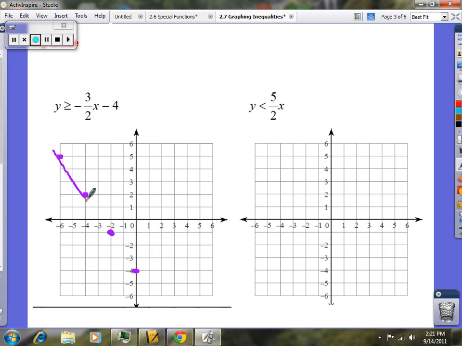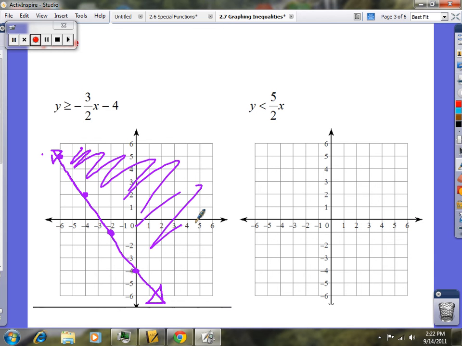Try your line, because it's included, right? Yep. And then since it's greater than, you go above and shade that.